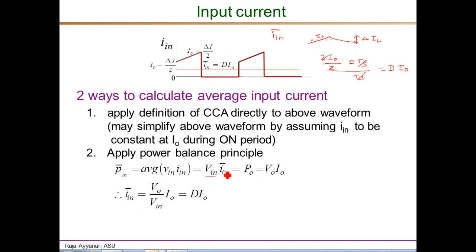So from this equation you can see that Iin bar is VO times IO divided by Vin. And we already know that the input-output relationship for a buck converter is VO over Vin equals D. So therefore this quantity is D, or Iin average is D times IO, which is essentially the same result that we derived from the other method as well.